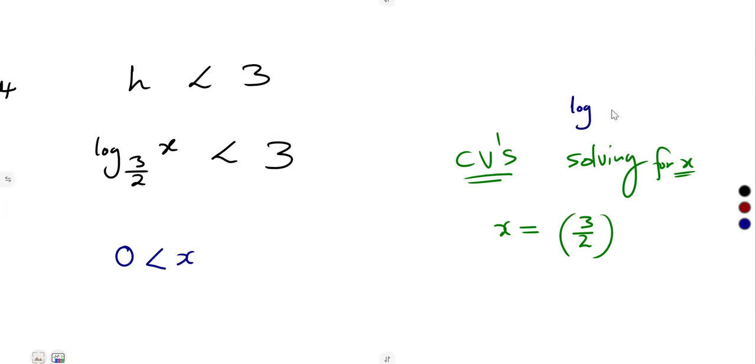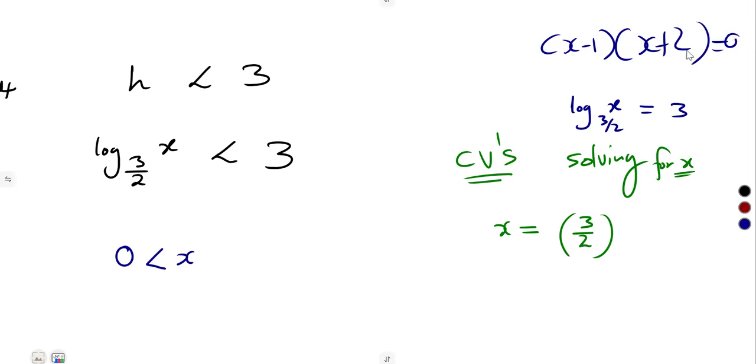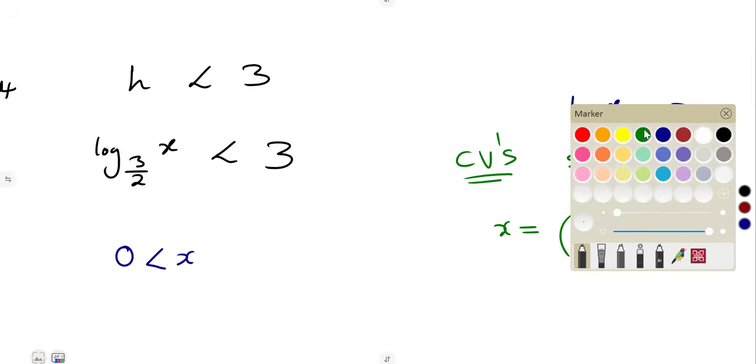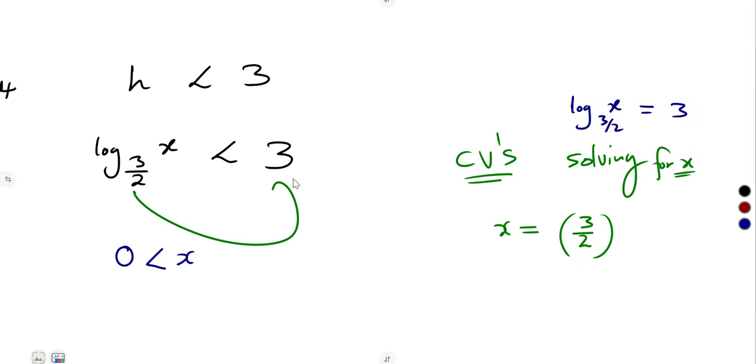Log x base 3 over 2 is equal to, you put equal. Remember, when you're solving critical values, like with the two brackets (x minus 1)(x plus 2) equal to 0, x is equal to 1 or x is equal to those. That is like an equation you are dealing with. So that's 3 over 2 to the exponent of 3 here.